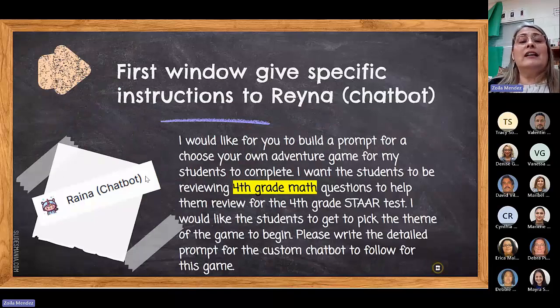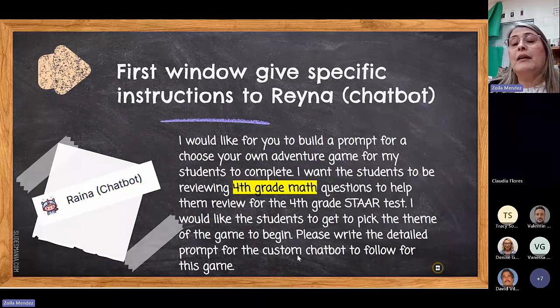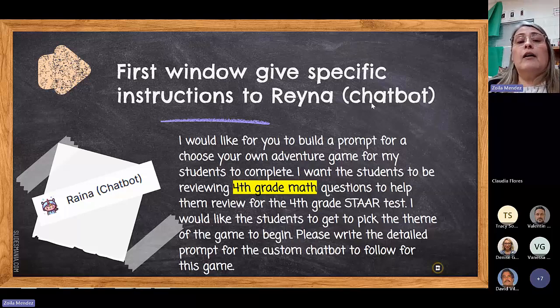This is the specific instructions that we have to give the chatbot for the game. I did one for math and reading, lectura en español. All you have to do is copy these instructions. I would like for you to build a prompt for a choose your own adventure game for my students to complete.